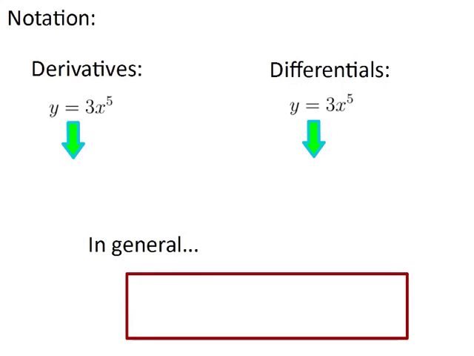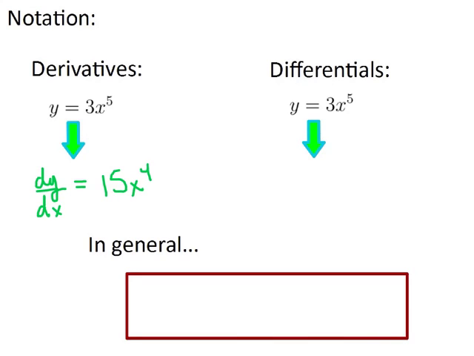Okay, so now let's just look at notation. In derivative notation, when we found the derivative of y equals 3x to the fifth, we could write dy/dx equals 15x to the fourth.